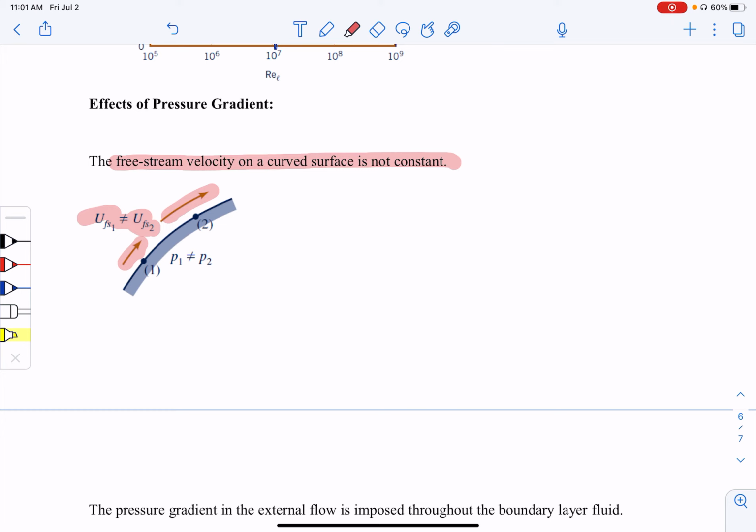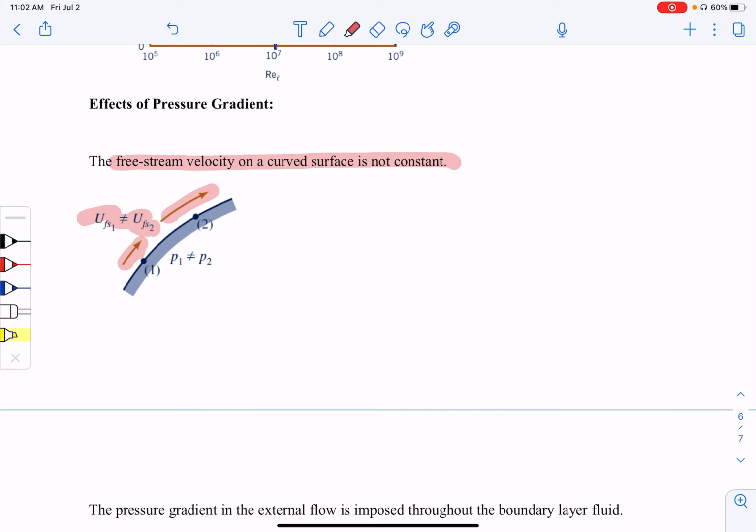It means that the pressure does vary in the direction along the body surface if the body is curved. And the variation in the free stream velocity, U_FS, which is the fluid velocity at the edge of the boundary layer, is the cause of the pressure gradient in that direction.